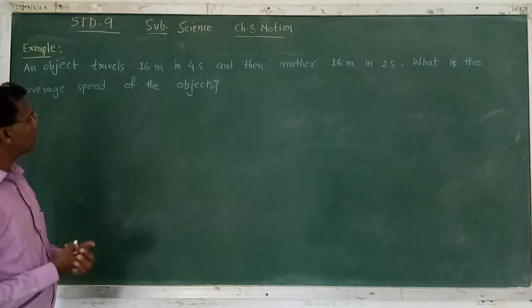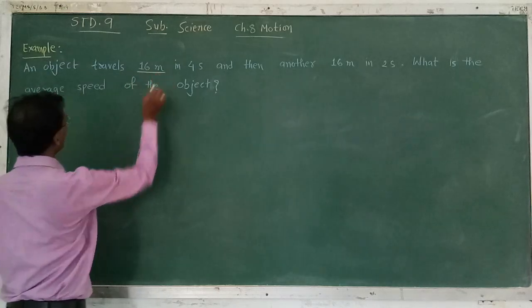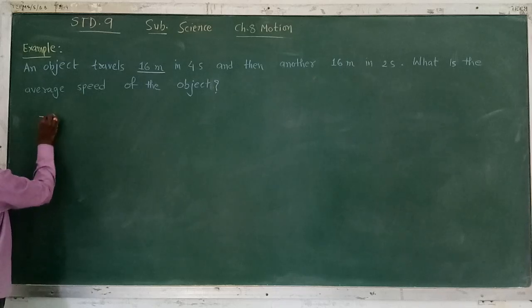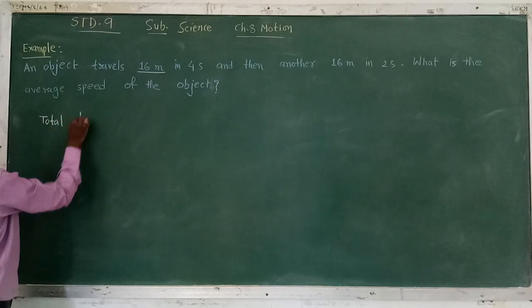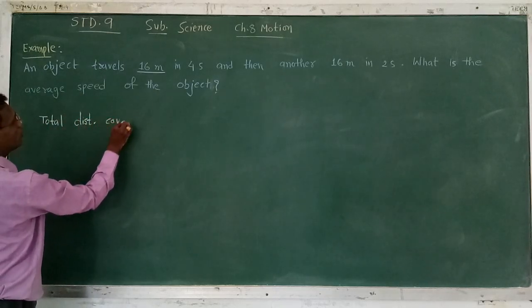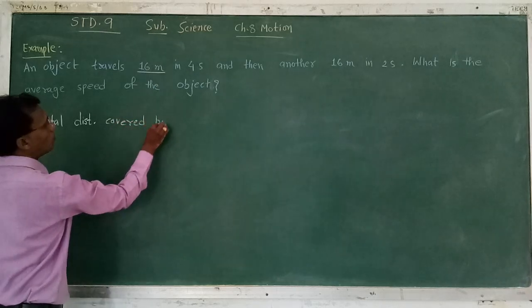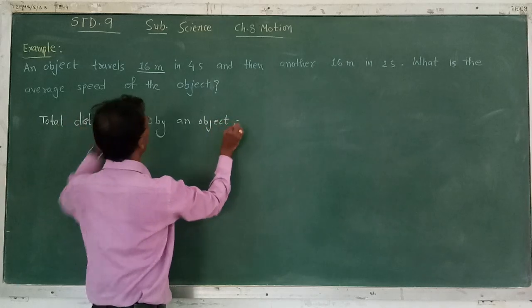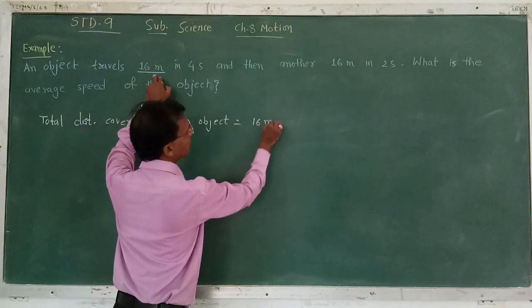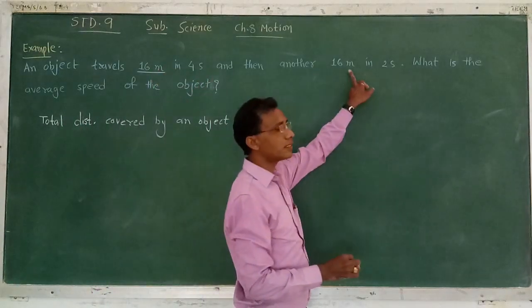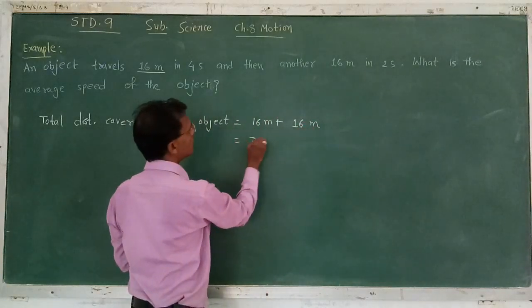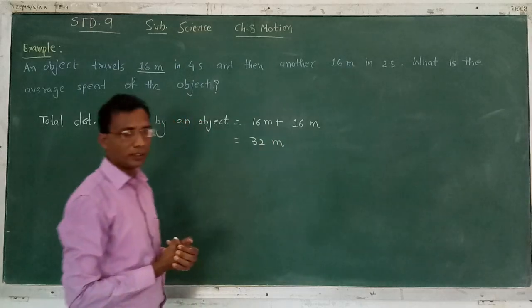So here, the object travels 16 meter first, and then another 16 meter. So the total distance is 32 meter.